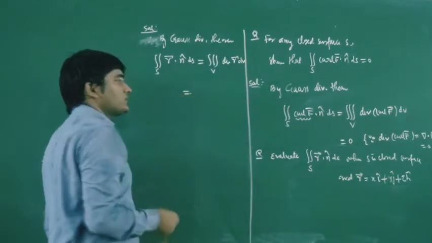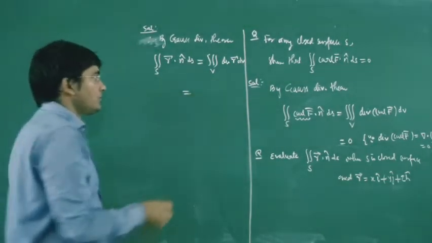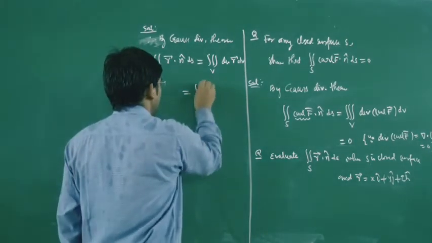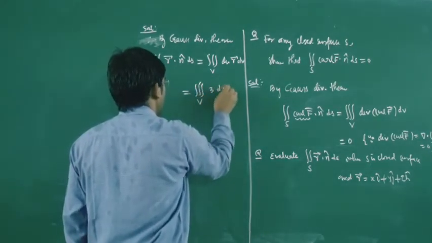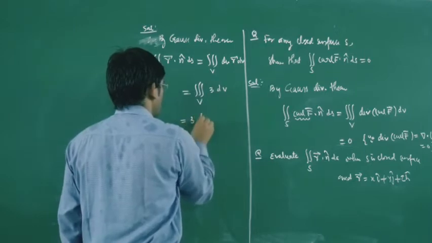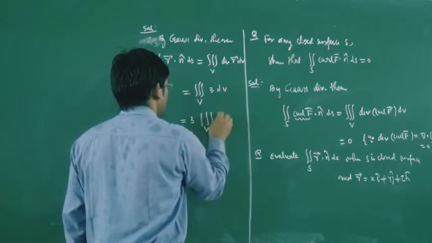Now, as your divergence of r is 3, so this is equal to the integral of 3 dv.